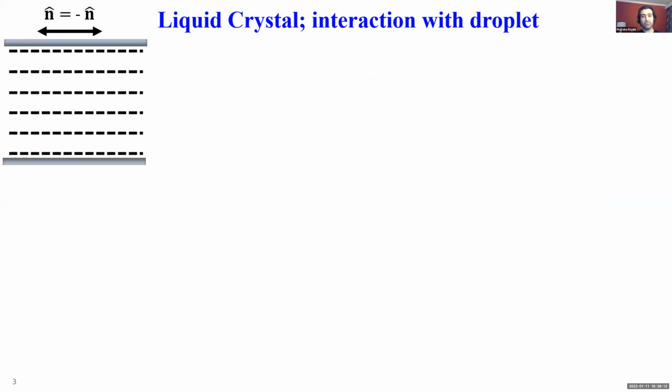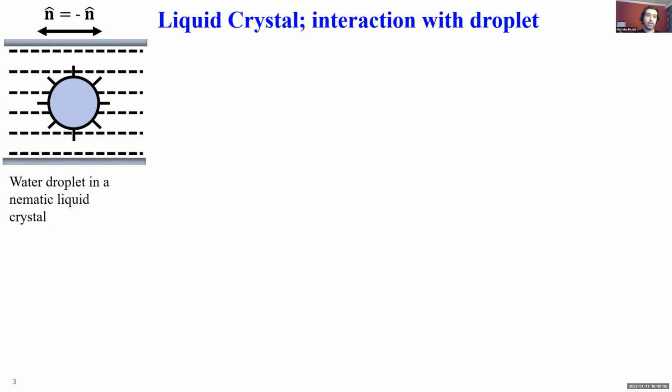A liquid crystal is a fluid made of elongated molecules that prefer to stay parallel to each other, similar to this cartoon that I show here. When we confine it between two surfaces, we can make it stay uniform. Now, imagine we put a water droplet inside this system.